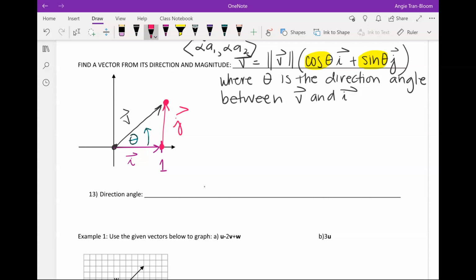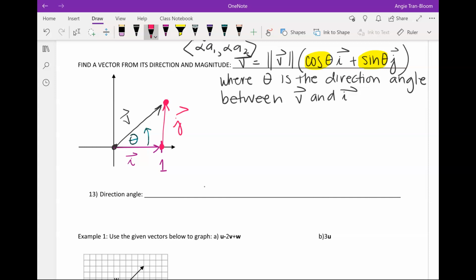And this is why this is sine, because sine is opposite over hypotenuse. In a unit circle, hypotenuse is what? 1, right? So that's why we don't need to worry about it. And if it's not, that's why this magnitude comes in. This magnitude represents something that's not what? 1. Okay. So that's why the i's and j's are in.